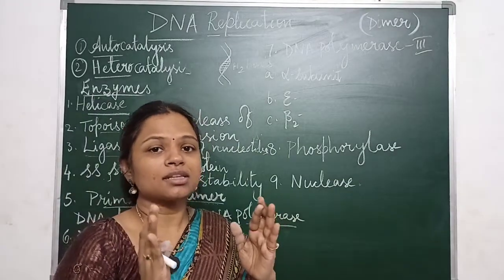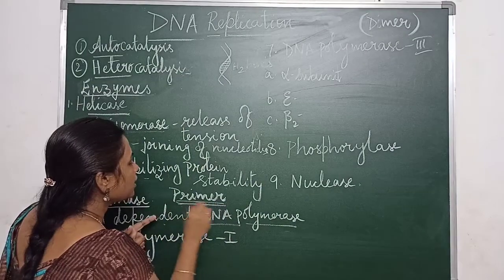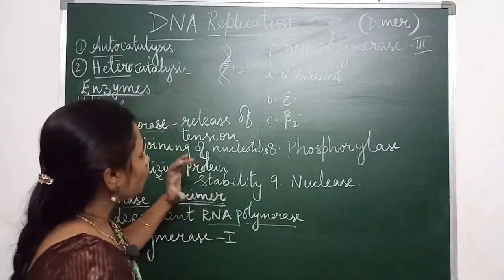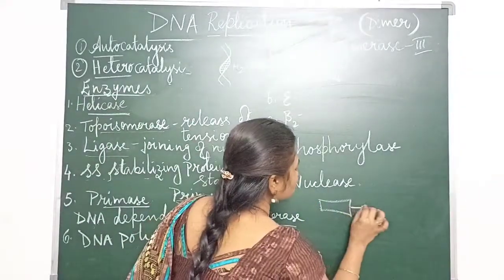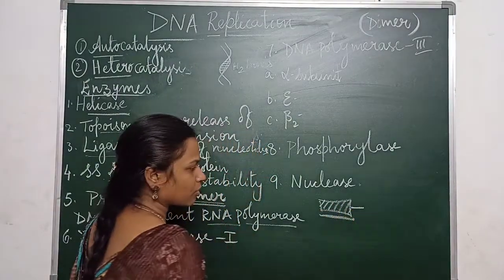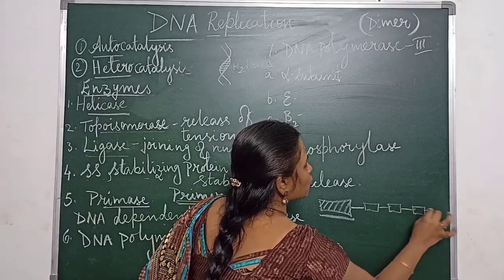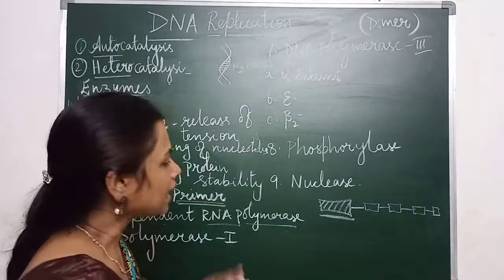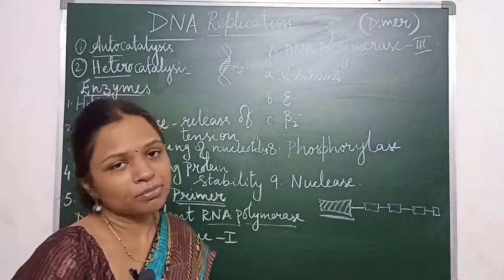All these daughter DNA fragments have the RNA primer just in front of them. Just imagine this is the primer, and then here the nucleotides keep on joining. Like this, the fragments of daughter DNA are formed during the replication process.